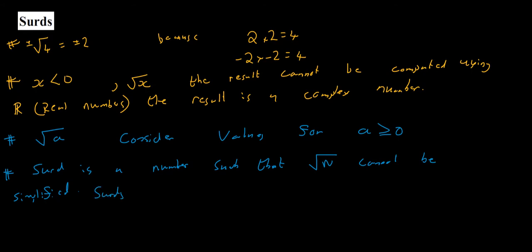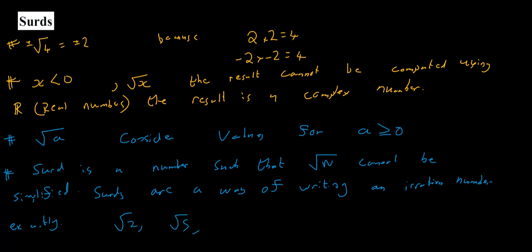Surds are a way of writing an irrational number exactly. So the root of 2, the root of 5, the root of 7, and so on, give irrational numbers, that is, they are non-terminating, non-repeating decimals.